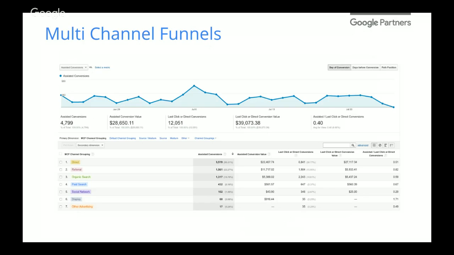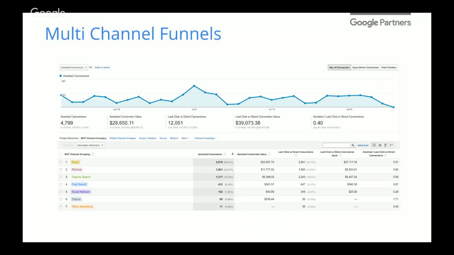So moving into assisted conversions, because this is quite interesting and does give credit to things that aren't the final interaction. This is the same path: conversions, multi-channel funnels, and assisted conversions. You can see here that direct, once again, is actually the highest performer in terms of assisted conversions. A lot of advertisers who run quite a lot of display, or YouTube, might see more than 60, for example, in the assisted conversions column for display.